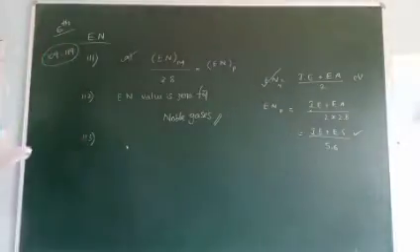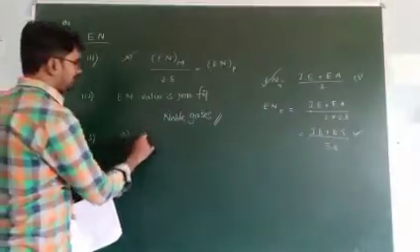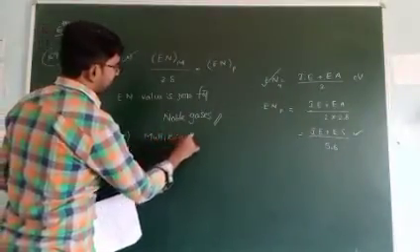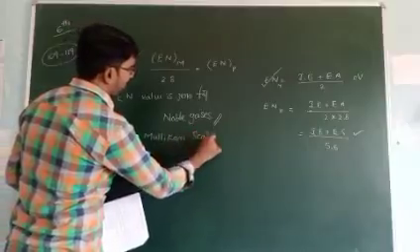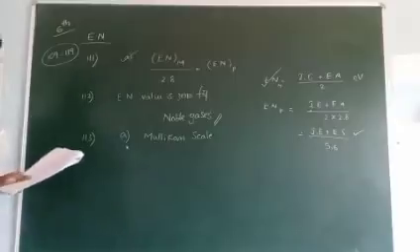Okay? So the 113 answer is A, the Mulliken scale. Okay? Next one.